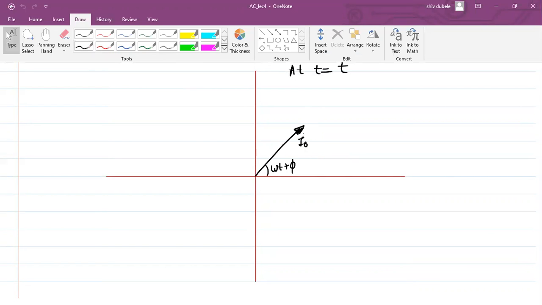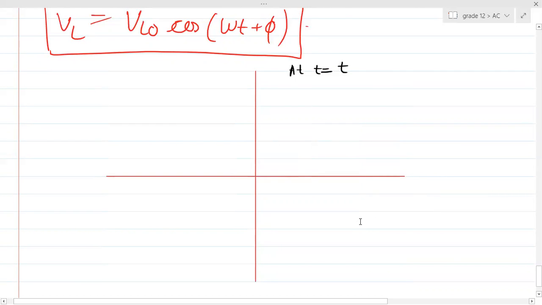Now, can anyone draw it for this thing? I'll draw this angle a little bit smaller so that at least the remaining diagram will fit. Otherwise, it will become difficult. This is your I naught.